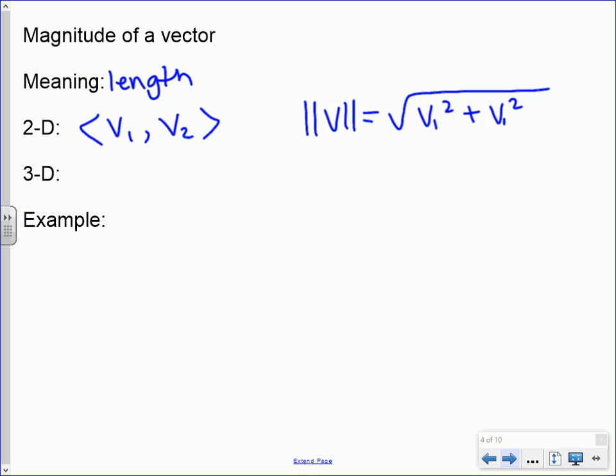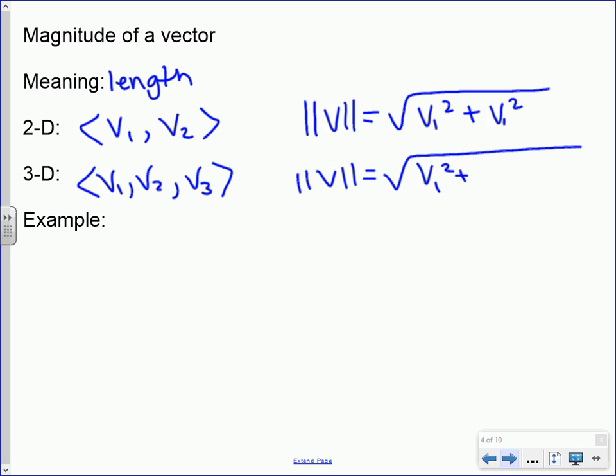So if we are in 3 dimensions, how are we going to find the magnitude? Same thing. We're just going to add the third component squared.